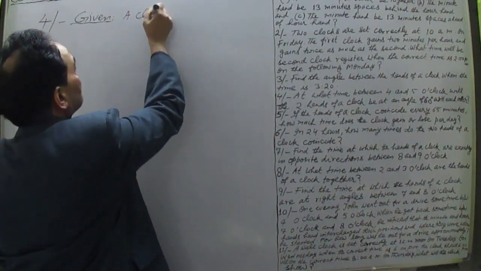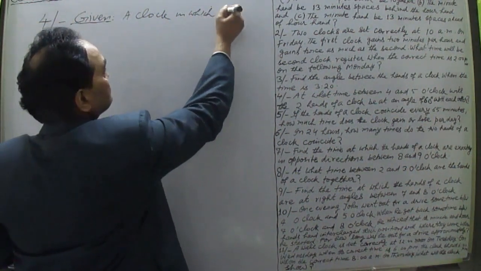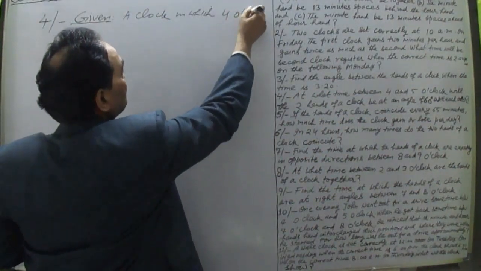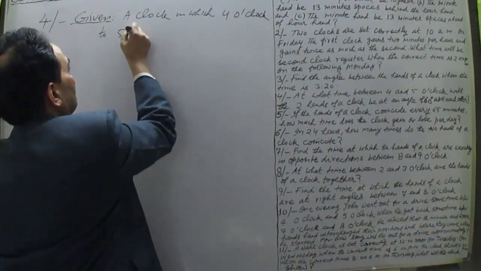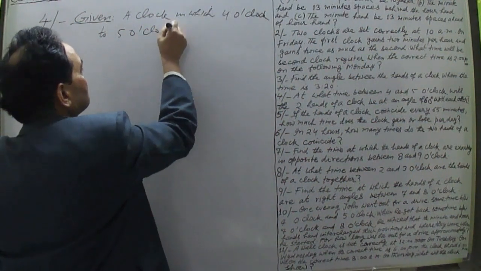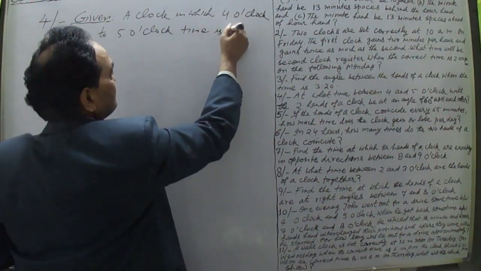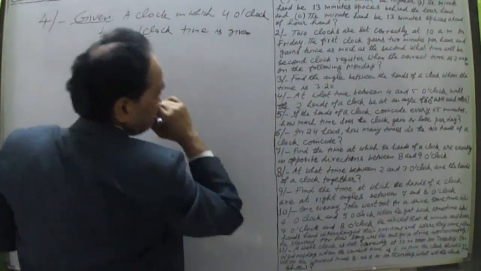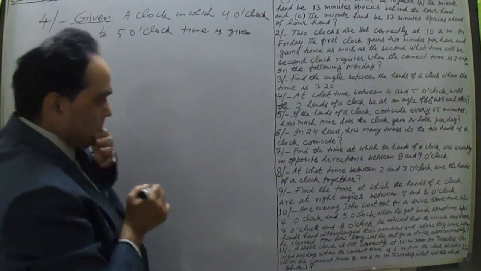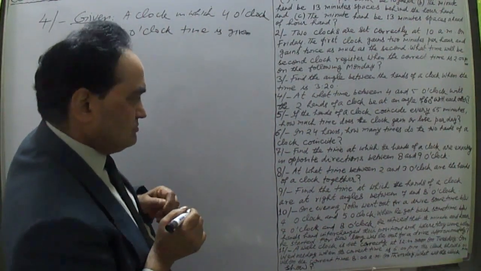A clock in which 4 o'clock to 5 o'clock time is given, in which 60 degree angle is being framed. At what time?